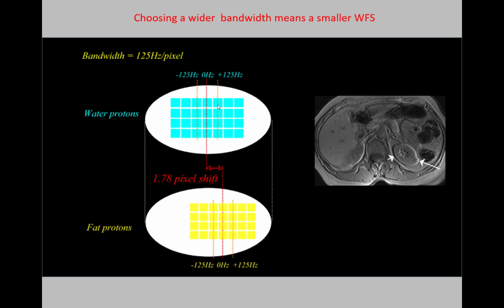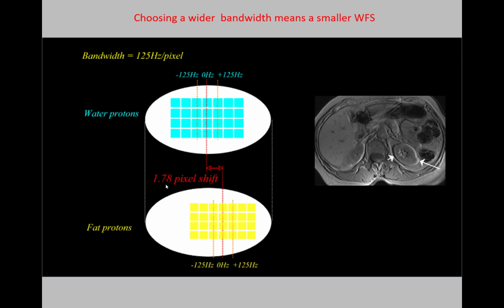It means as we move from column to column, the difference in Larmor frequencies is bigger than it was. And that really means that the 220 Hertz difference that we see between fat and water becomes less significant.